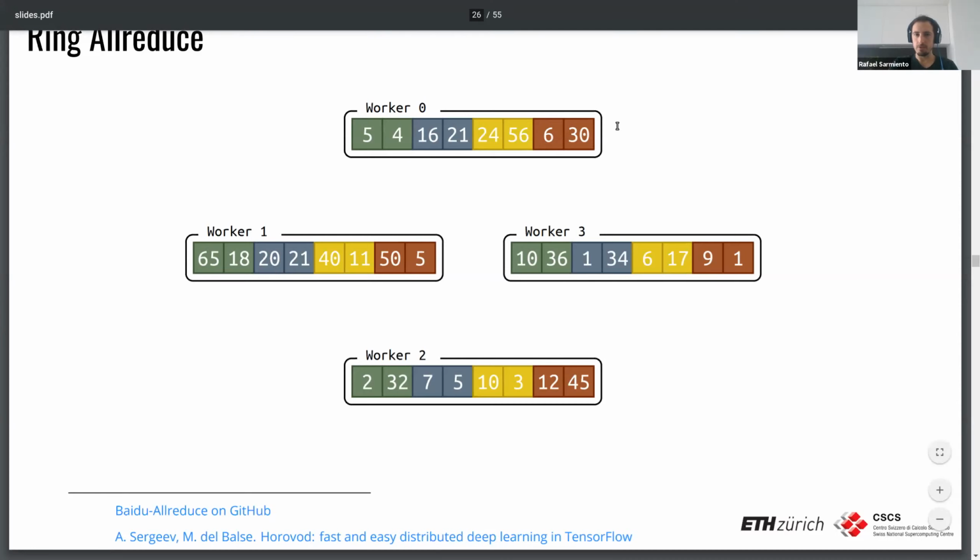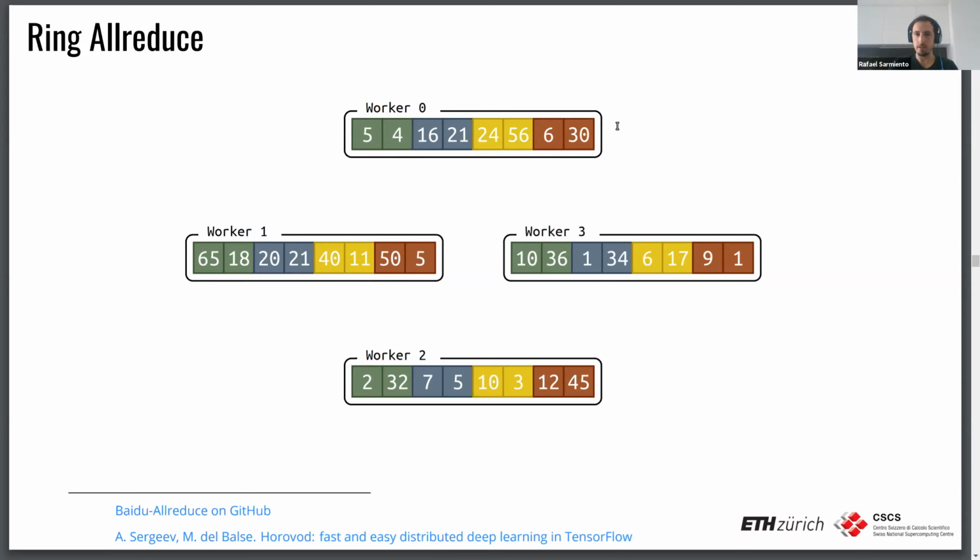The connections between the nodes, to communicate this array to do the average, are going to be in this way. Every node n is going to connect only to node n minus 1 and to node n plus 1. For instance, worker 1 is going to connect to worker 0 and to worker 2, but not to worker 3.